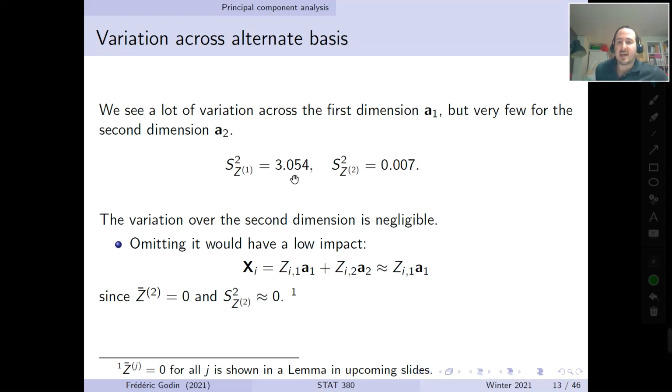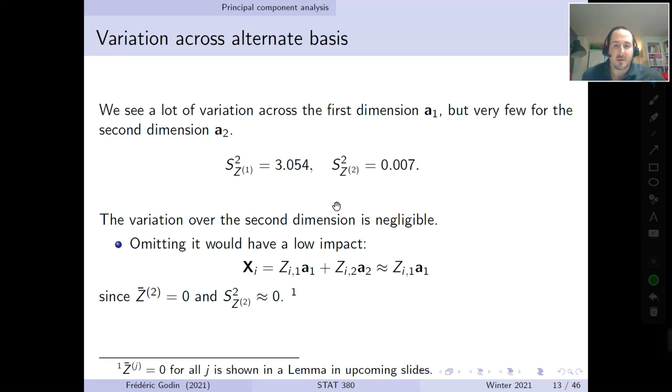We see that the standard deviation for the first coordinate becomes much larger than it was before, 3.05, whereas for the second coordinate, I said standard deviation, but S square is really the variance, the variance in the new set of axes is negligible. It's very small.